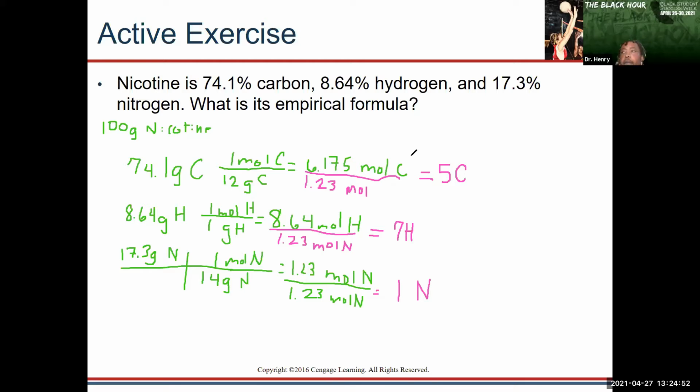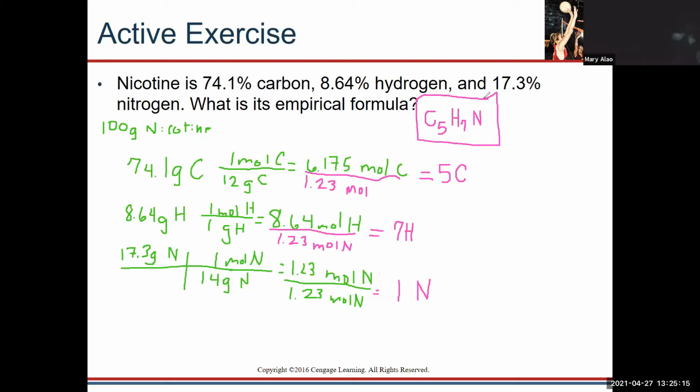So we end up with C5H7N1 as our final empirical formula. Piece of cake.